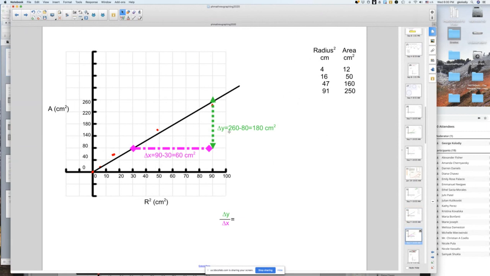So the slope, for some reason, is not what it's supposed to be, because 180 over 60 is 3. Oh, yeah, okay. That is right, it's 3.